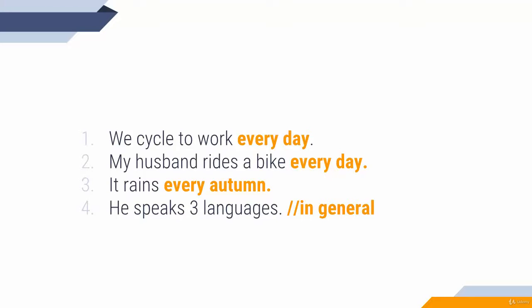The next question: in what situations do we use present simple? Or when do we need it when we speak? Some sentences for examples. We cycle to work every day. My husband rides a bike every day. It rains every autumn. He speaks 3 languages in general. Do you see the similarity here?